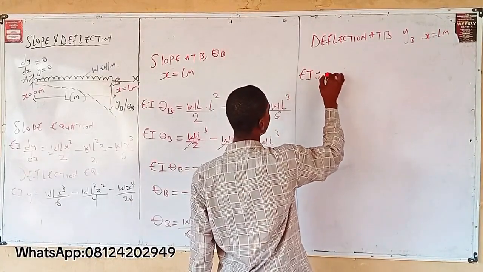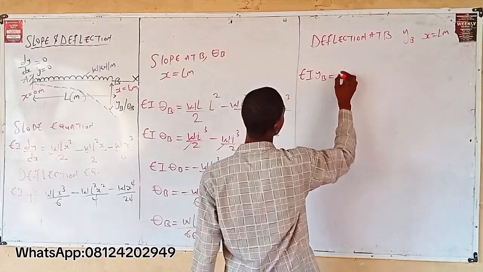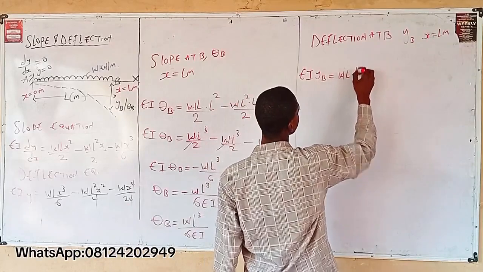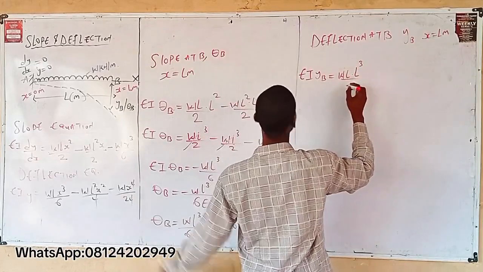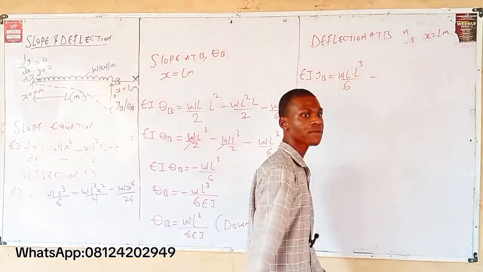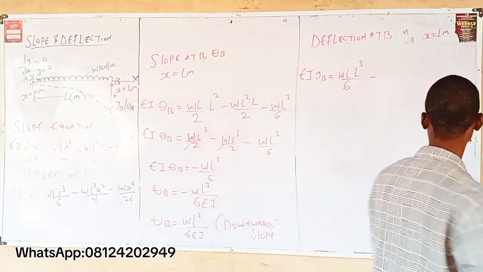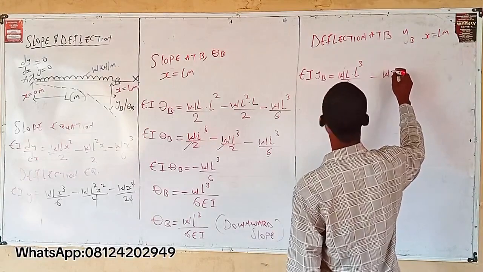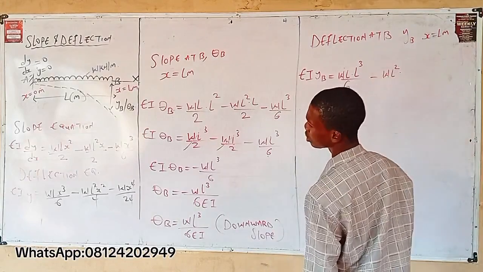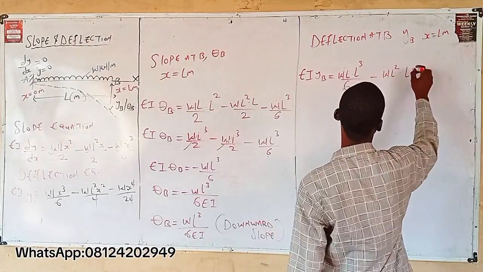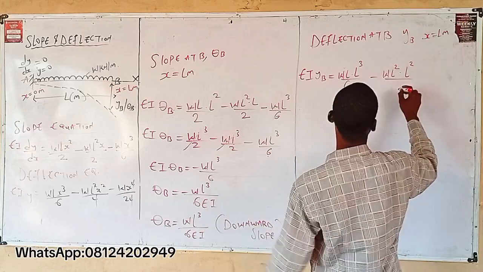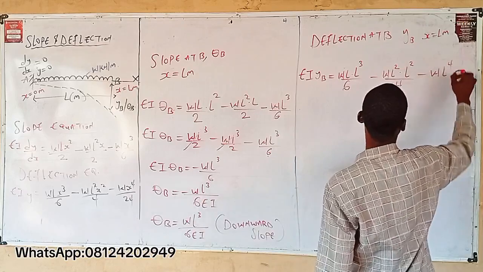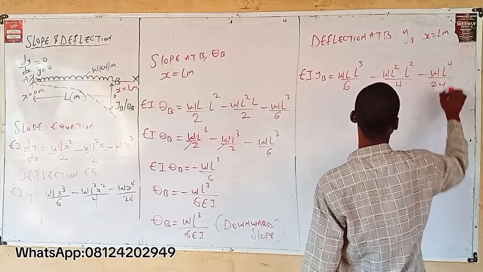EI YB is equal to WL dot L cube divided by 6 negative WL square dot L square divided by 4 negative WL raised to power 4 divided by 24.